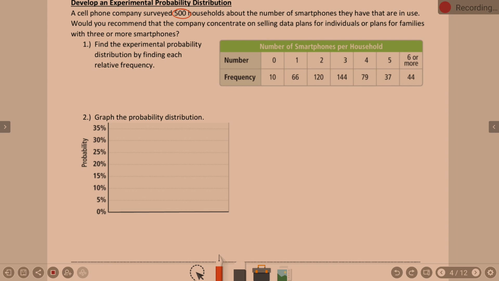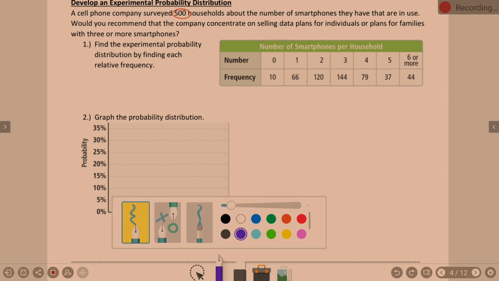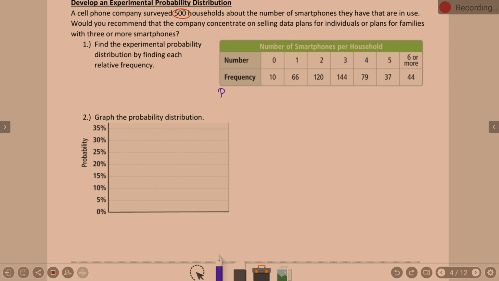Okay? Now, in order to look at the probability of each of these, we have to look at what I'm going to call the relative frequency. And I don't have a line here on this chart, so we're going to make our own. Relative frequency is what's going to lead us to the probability.